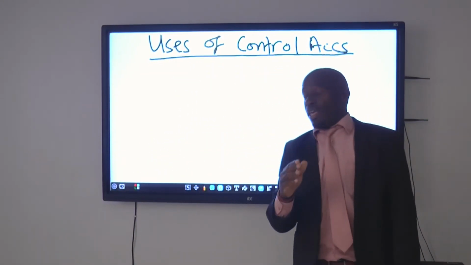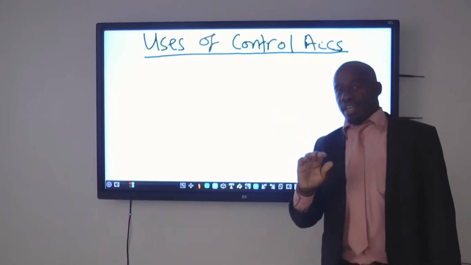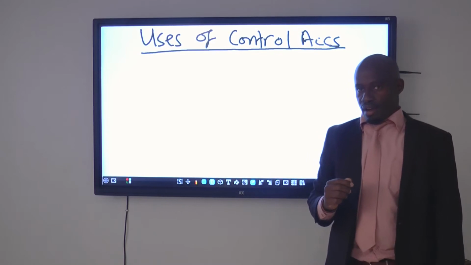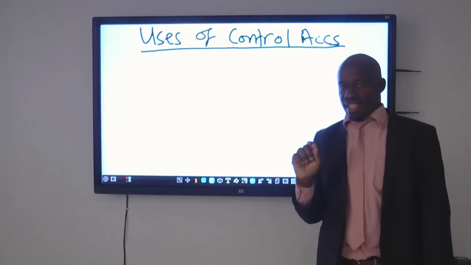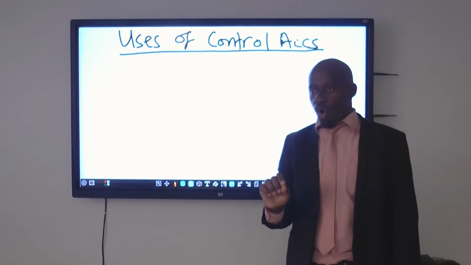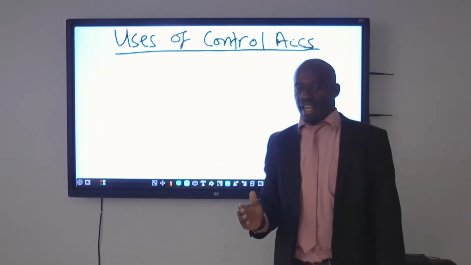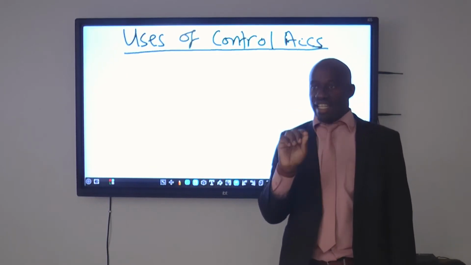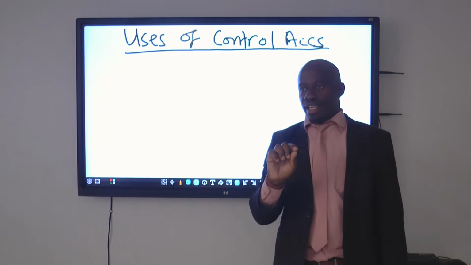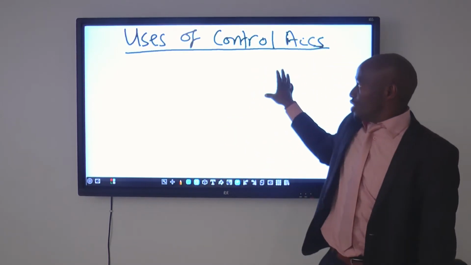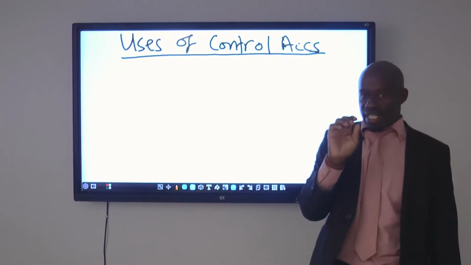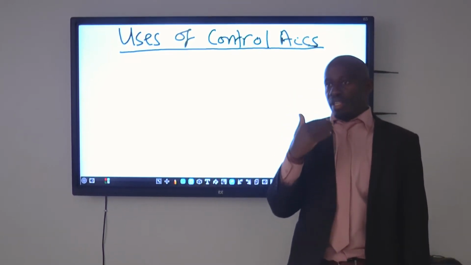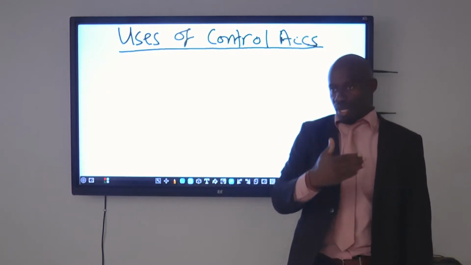ZIMSEC normally throw theory questions, but experience is that learners concentrate more on the working side. We need to ensure that we don't lose marks unnecessarily. Let's make sure we understand the uses of these control accounts, because it is from this understanding that when you're asked to prepare a control account, it becomes very easy because you know why you are doing that.